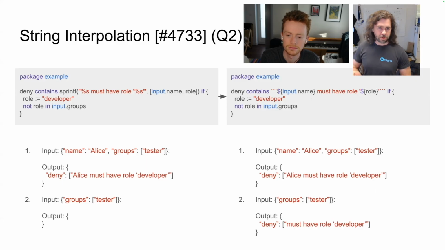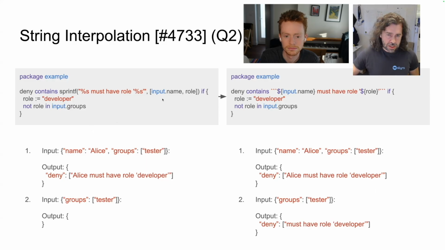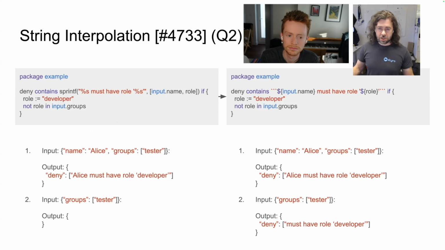But it also gives us the ability to make some improvements to Rego where people stumble a bit today. One problem that many people face with sprintf is that when you evaluate Rego and encounter an undefined value, evaluation will stop. In our example here, if one of these variables doesn't have a value, we halt evaluation and you won't have a value for the deny rule as a whole, which can cause issues. For instance, in this example output, we don't have the name field in the input document, which means that we don't get a deny result.